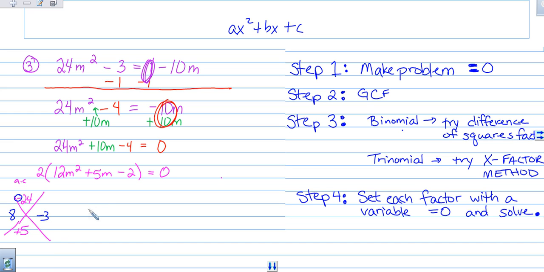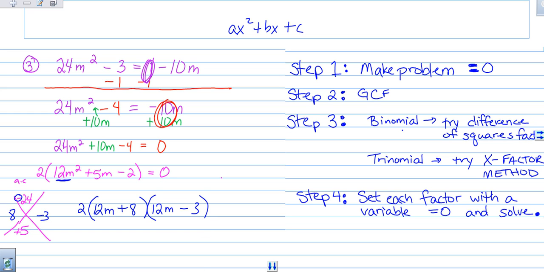Okay? So now, I'm going to bring my 2 down, okay? And then I'm going to draw my factors here, okay? You take the a and half of the x, and you do 12m, and then plus 8, and then you do the a again with half the x, and minus 3.